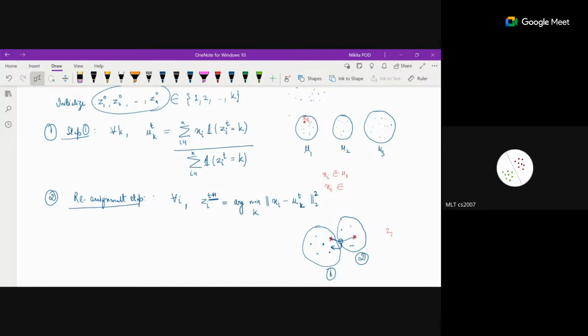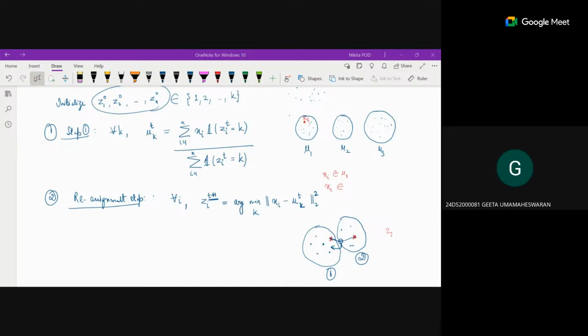And in case you reach a situation where all the data points are closest to their own mean, then there is no reassignment, and we can say that the algorithm has reached convergence. So this is what we are doing in Lloyd's algorithm.